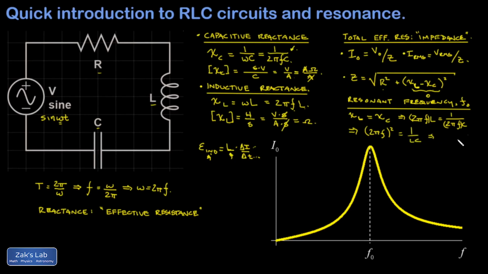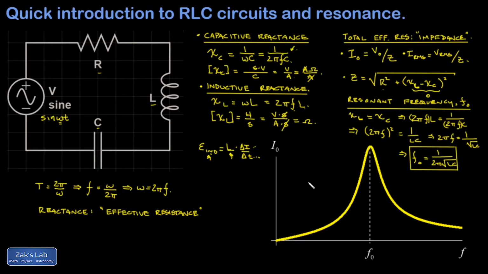I take the square root, and I get 2 pi f is 1 over the square root of LC. And finally, we divide by 2 pi. And we get an expression for the resonant frequency of our circuit: 1 over 2 pi root LC.